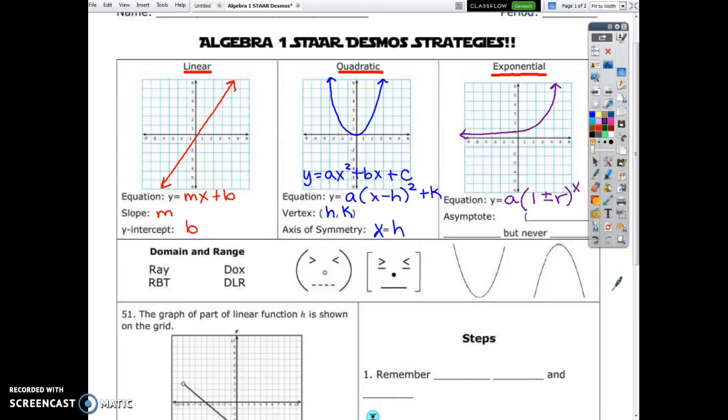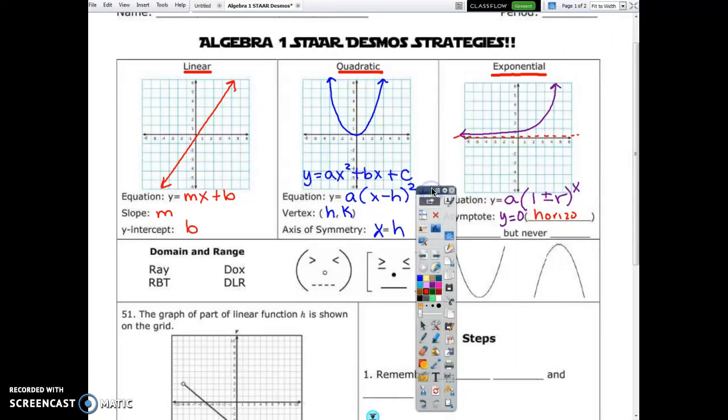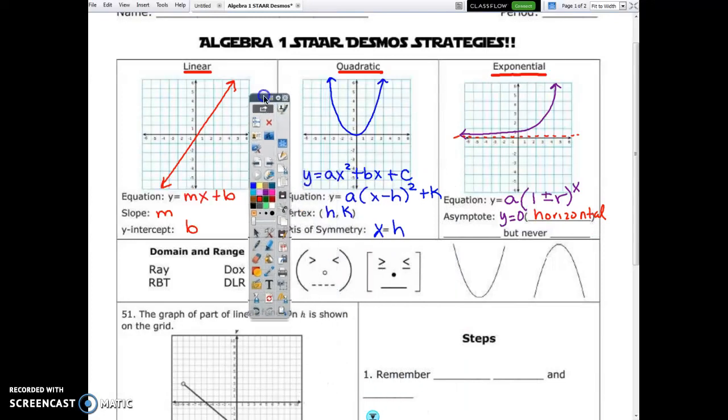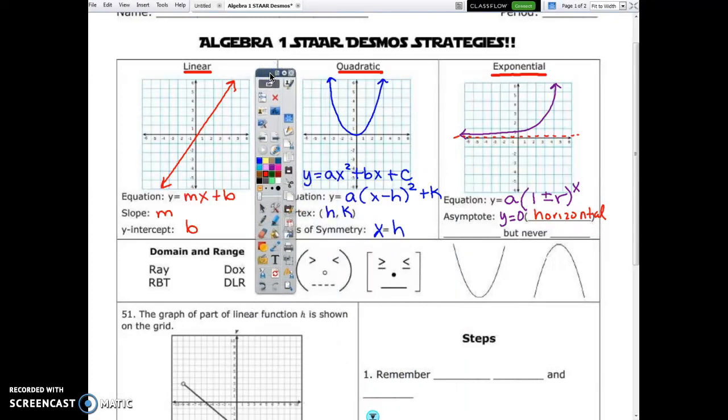The asymptote is y equals 0 for this one. It's a horizontal line like this. Okay, and it's an imaginary line that approaches but never crosses.